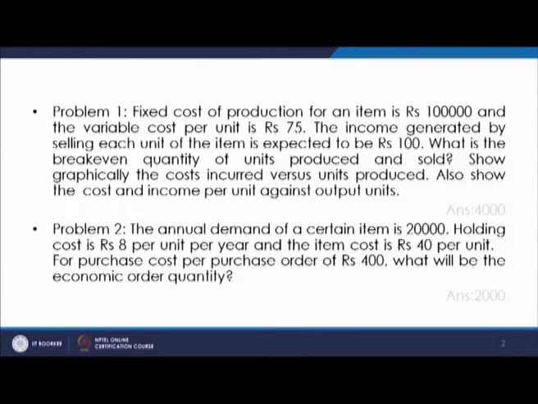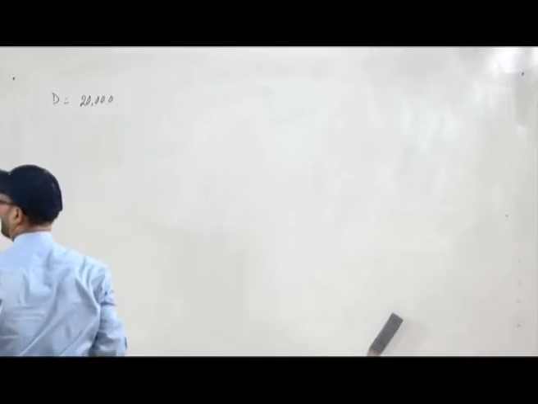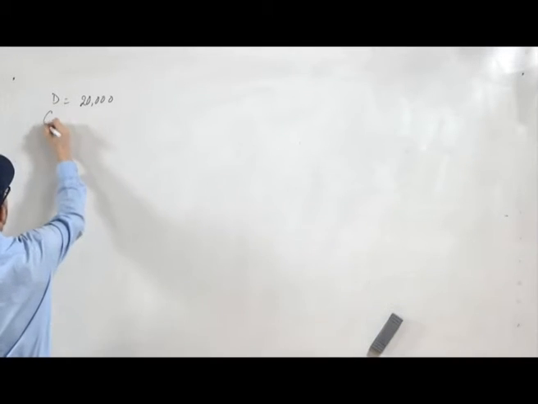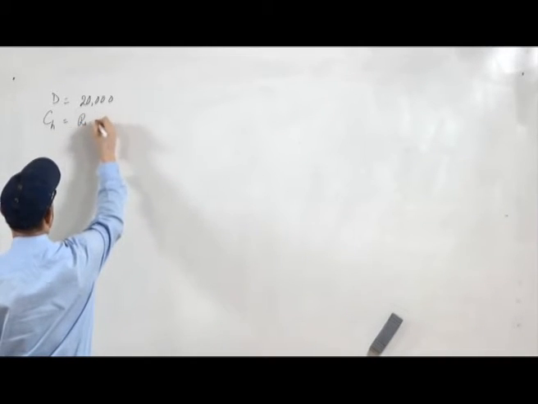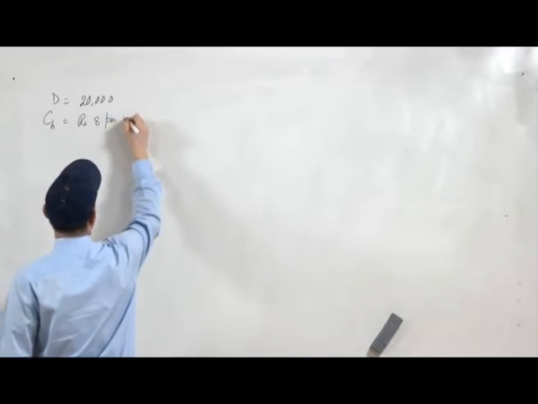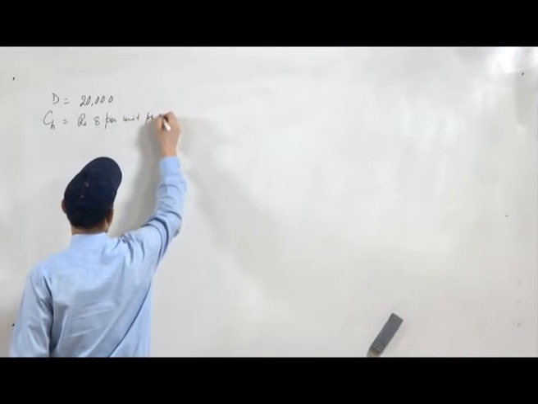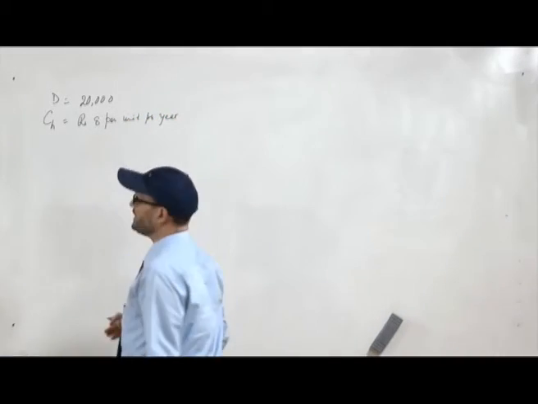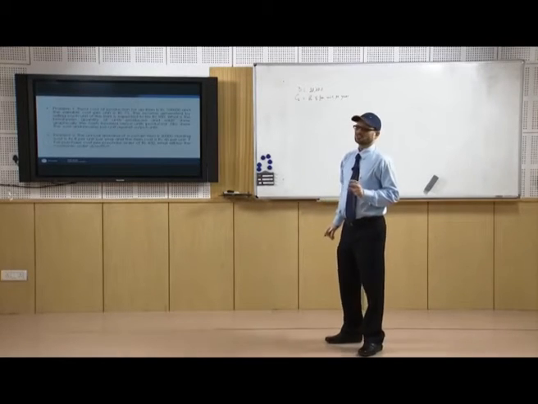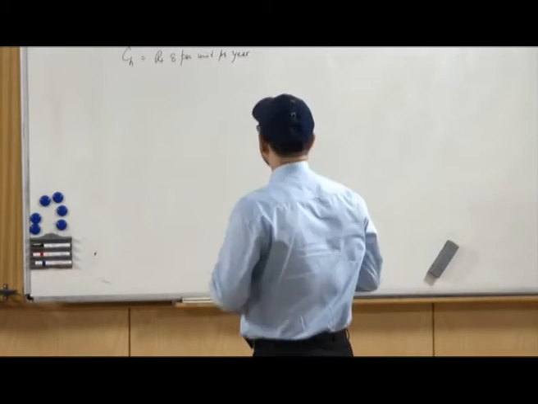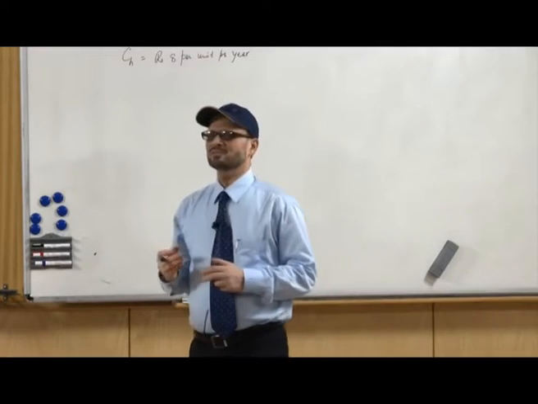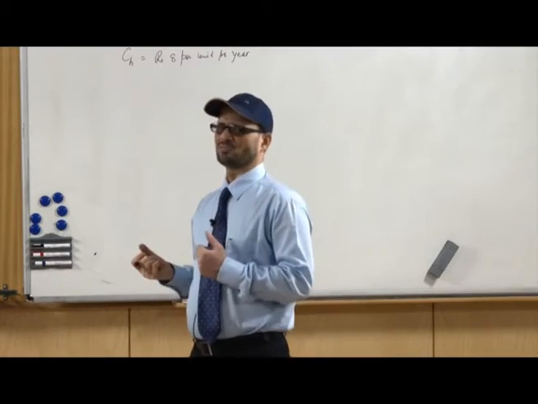So D, the annual demand, is given as 20,000. Then the holding cost per unit per year is rupees 8 per unit per year. Many times this holding cost may be given in terms of a percentage of the average inventory cost, or sometimes a percentage of the unit cost of the item.